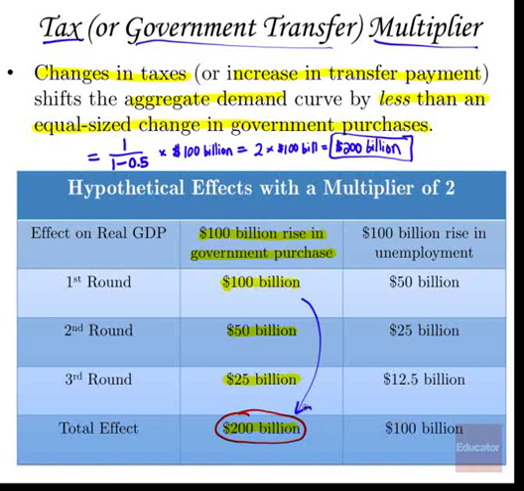Now the tax multiplier, or the government transfer multiplier, is going to be the exact same thing, except you take out this first round here. So that first round of that $100 billion doesn't exist.